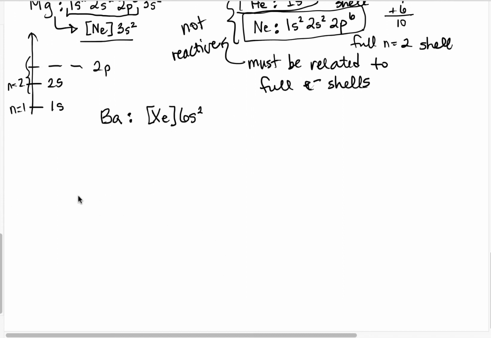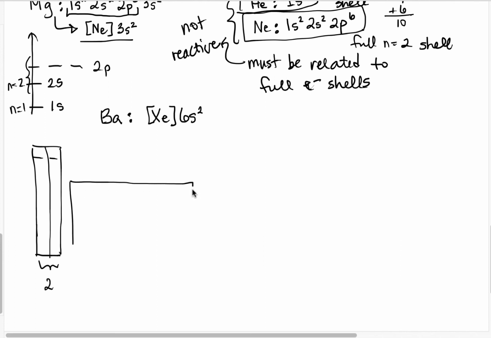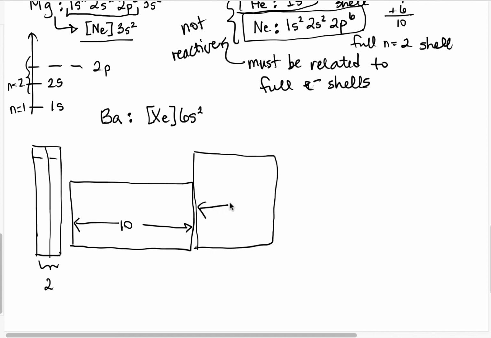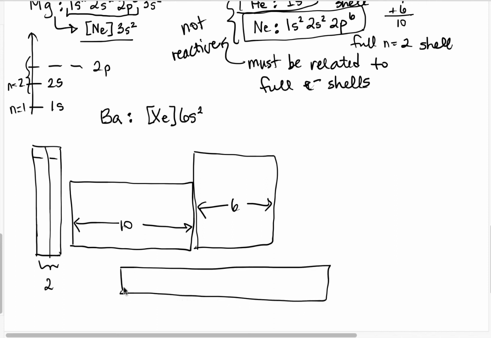Now, I hope that you are starting to recognize a couple of things about the shapes of the periodic table. Notice that this first set of columns here is 2 elements wide. And the middle, those transition metals, is 10 elements wide. The next one over is 6 elements wide. And then that little offset down below is 14 elements wide.